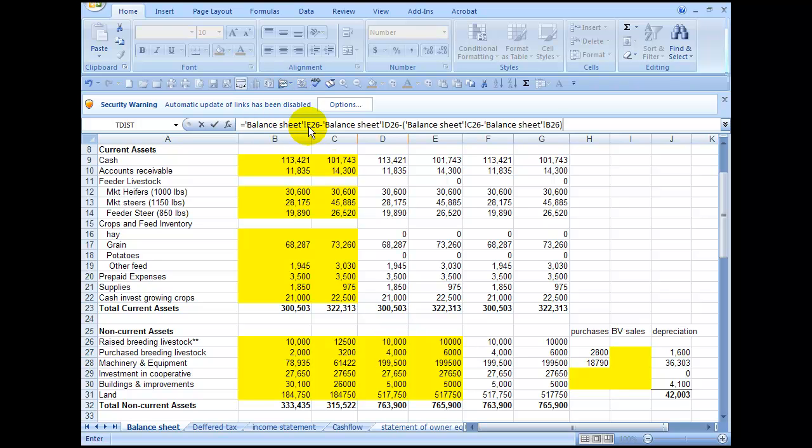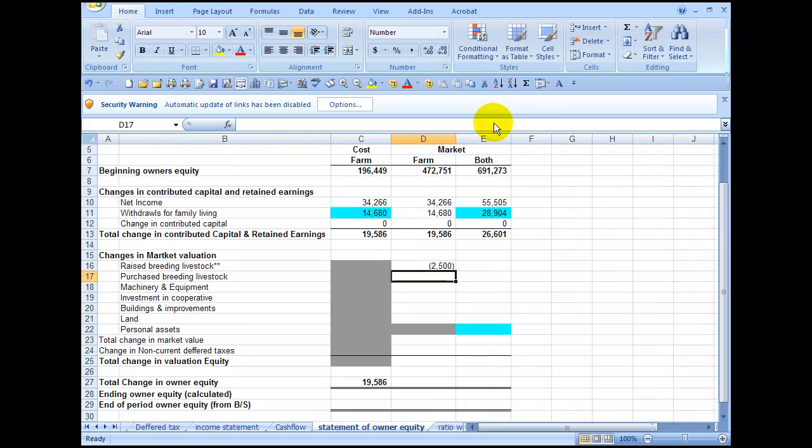So this is the change in market value, ending minus beginning, minus the change in book value, ending minus beginning, because however much of this change can be explained by purchases, sales, and depreciation is captured in this change in book value. And then hit enter. In this case, our raised breeding livestock actually went down by $2,500.